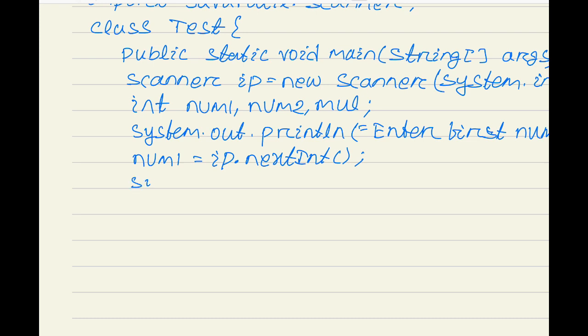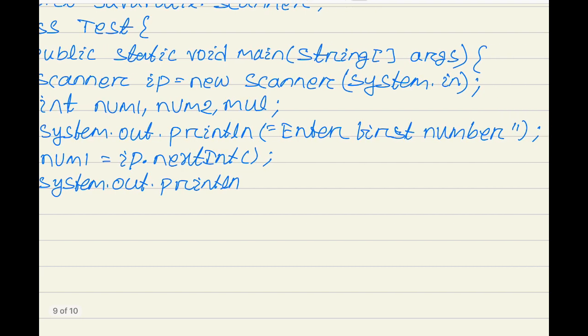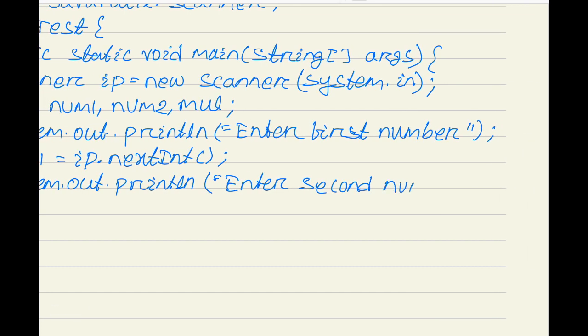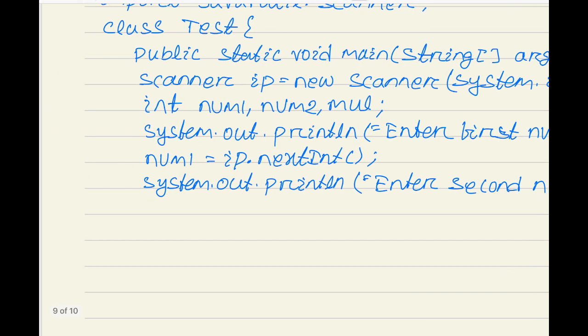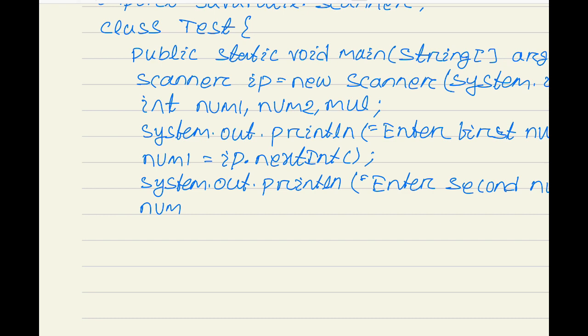Similarly, we can write System.out.println("Enter second number") and num2 equal to ip.nextInt().